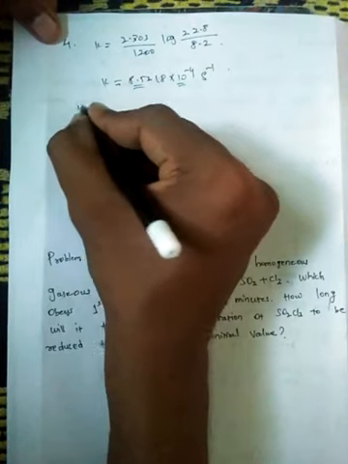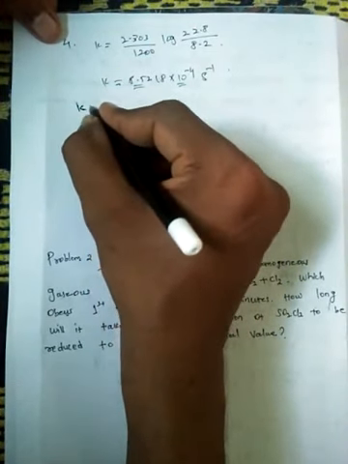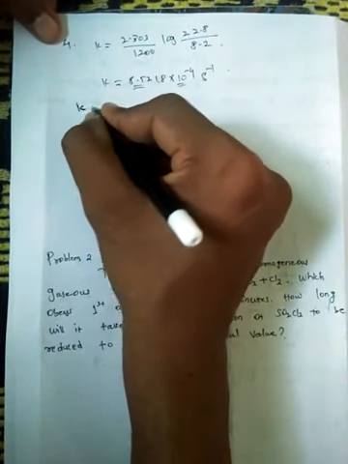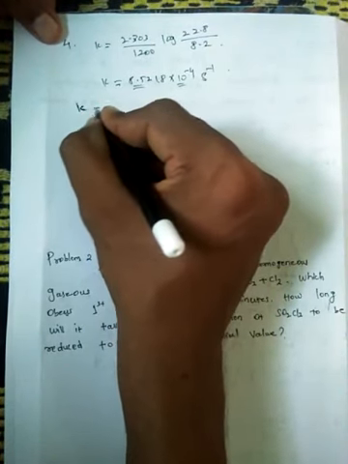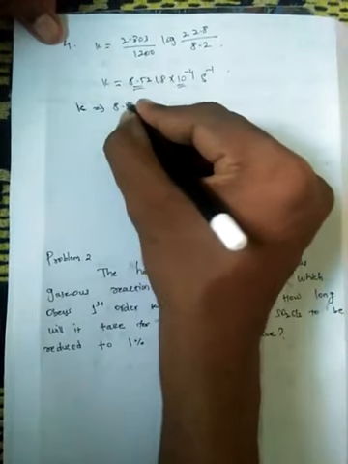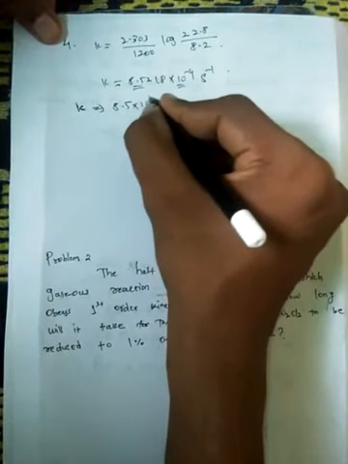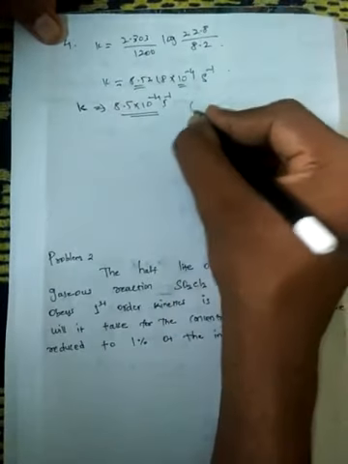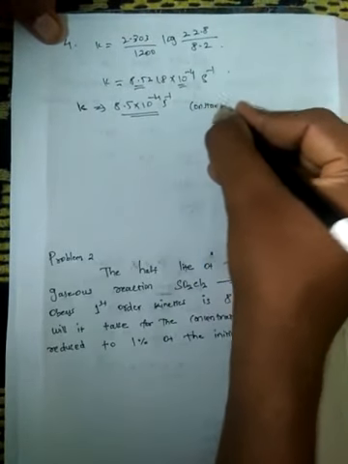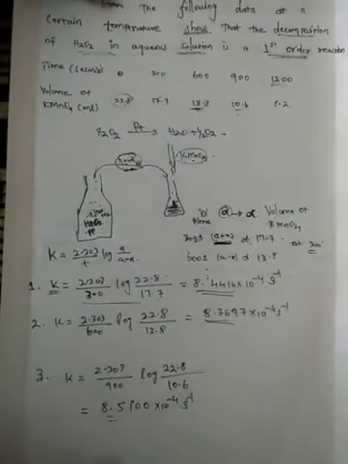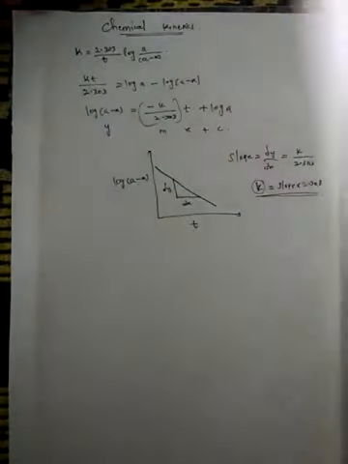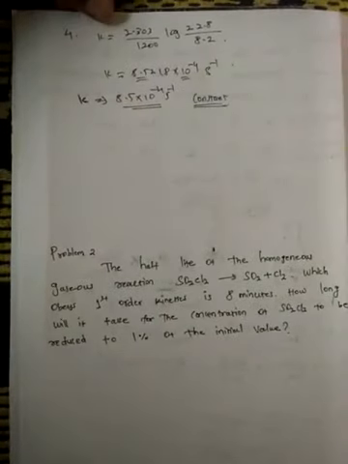The rate constant of the hydrogen peroxide decomposition reaction at a particular temperature is constant, about 8.5 into 10 power minus 4 second inverse.